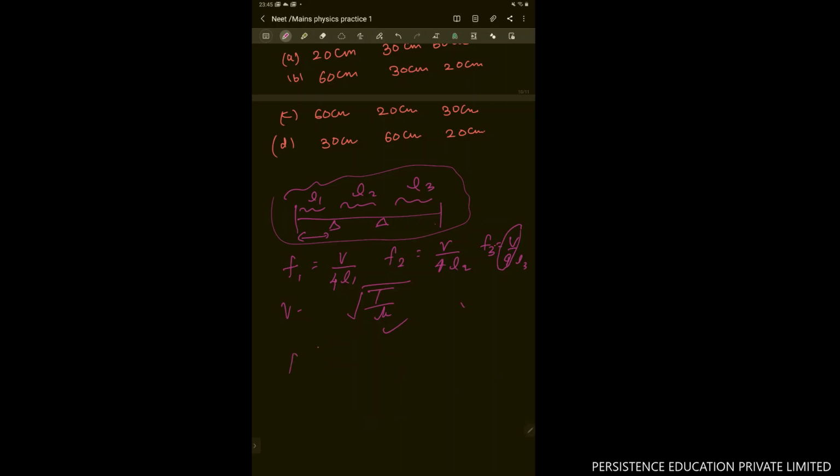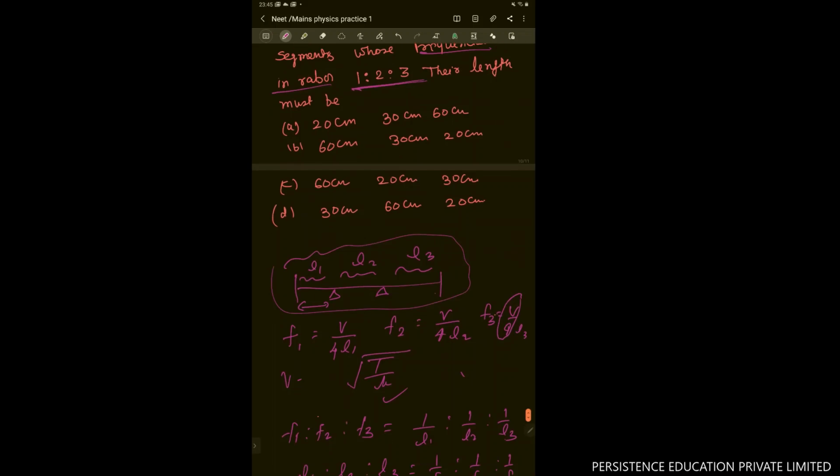So remember, F1 is to F2 is to F3 is 1 by L1 is to 1 by L2 is to 1 by L3. So L1 is to L2 is to L3 is 1 by F1 is to 1 by F2 is to 1 by F3. So for NEET students, we can remember it as a trick.